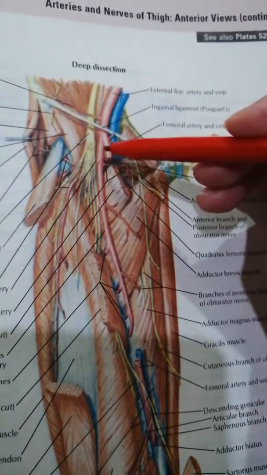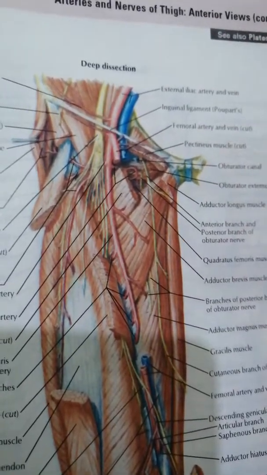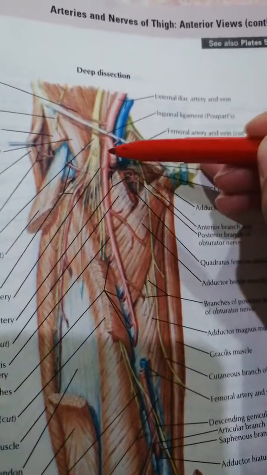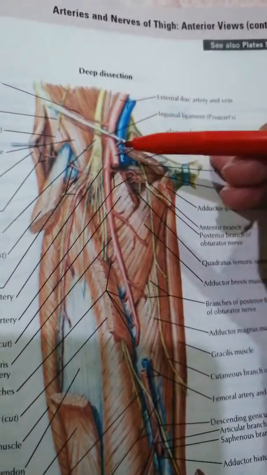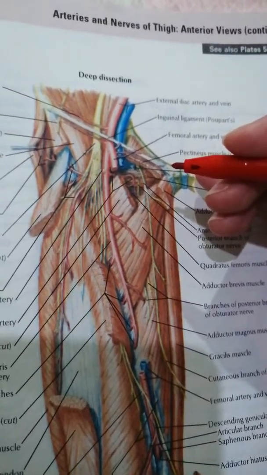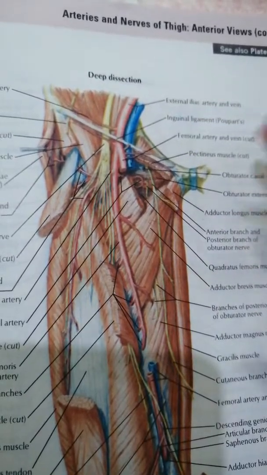So this branch does not remain in the femoral triangle and does not continue into the adductor canal. Rather, it leaves the femoral triangle by passing deep to the medialmost boundary of the triangle, that is deep to the adductor longus.